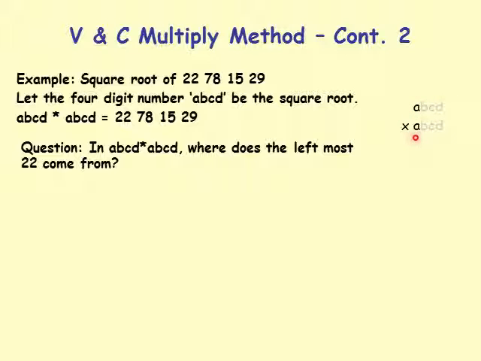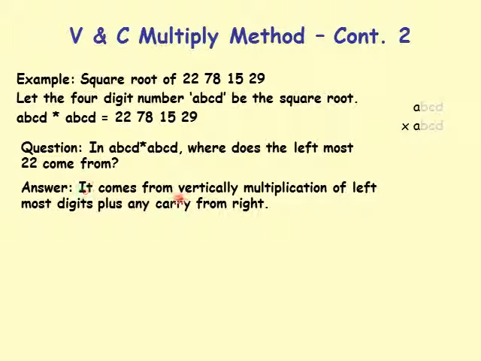Here is my multiplication, ABCD times ABCD. When we compute the leftmost pair, we use A times A plus any carry from the right. It comes from the vertical multiplication of the leftmost digit A times A plus any carry from the right.